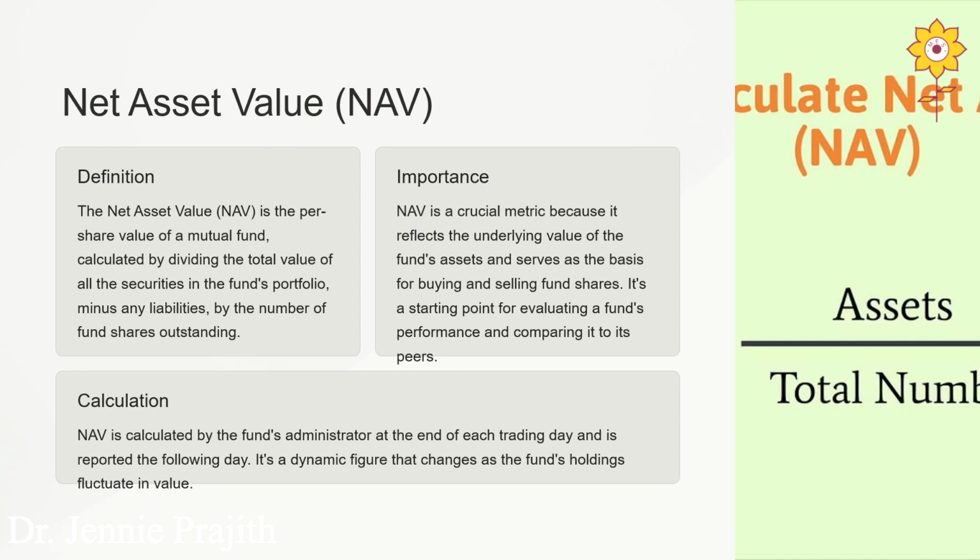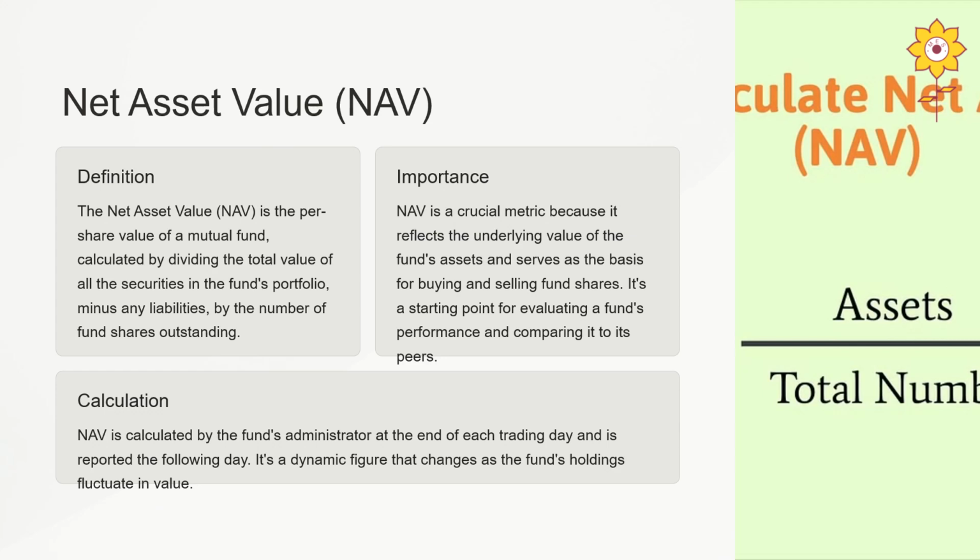It gives you a good evaluation of the value per unit of the mutual fund held by you, maybe at the end of the year or the end of the month, as you want to evaluate it. The importance of NAV is that it's a crucial metric which reflects the underlying value of the asset. Even though your NAV may seem low compared to others, from the basis of buying and selling funds, it's a very useful metric to understand whether you should buy, sell, or hold the mutual fund.